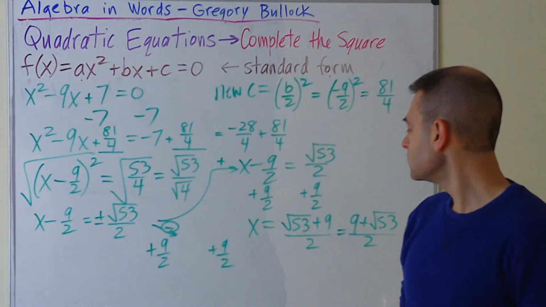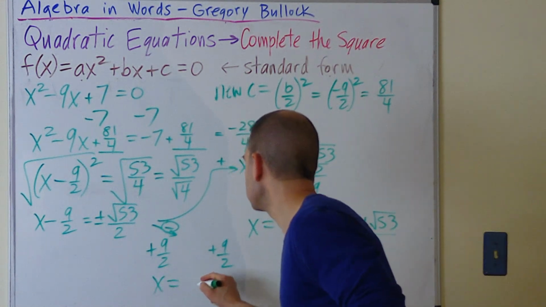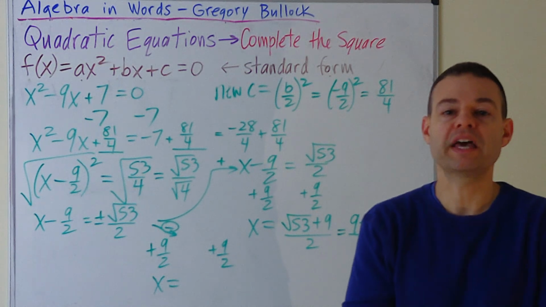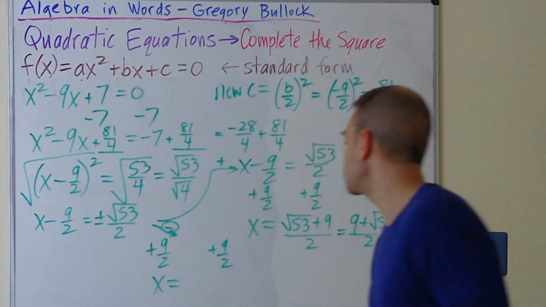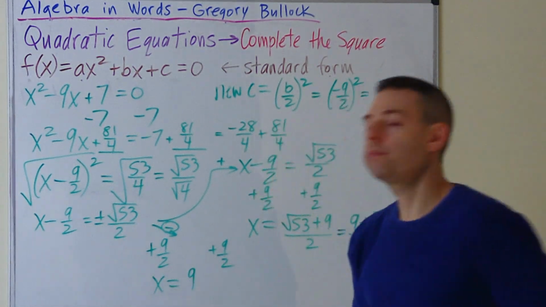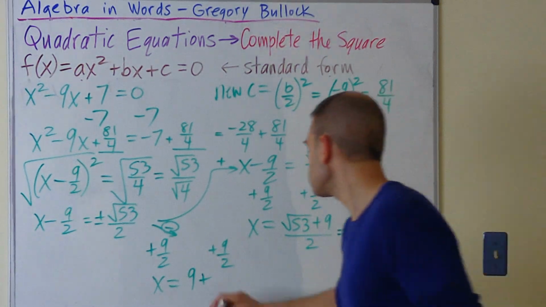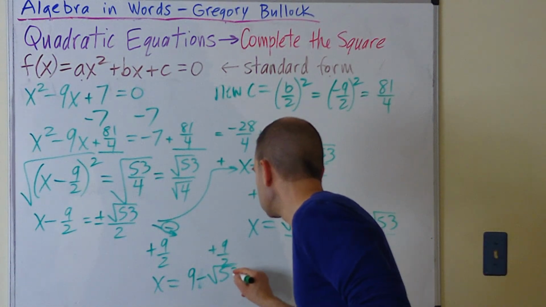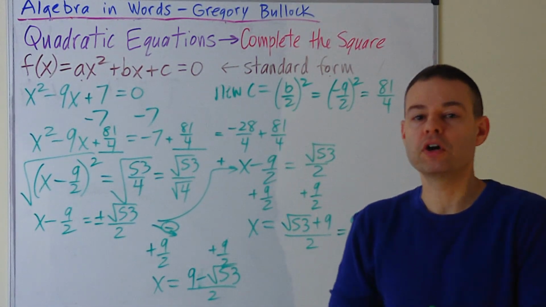But long story short, it's going to come to x equals, and remember, 9/2 and negative square root of 53/2 are both over 2. So basically, it's going to become positive 9 minus square root of 53 over 2.